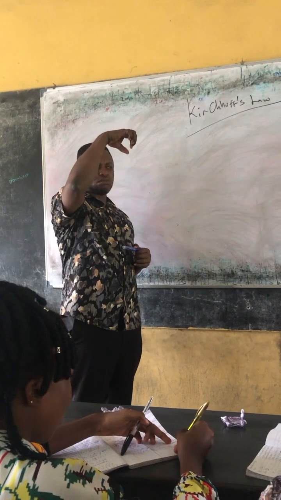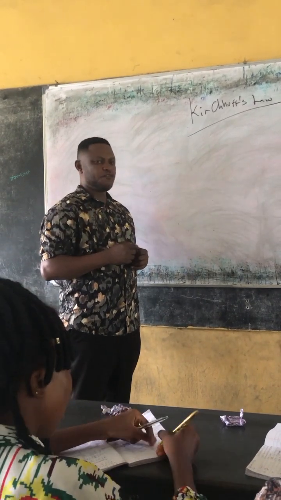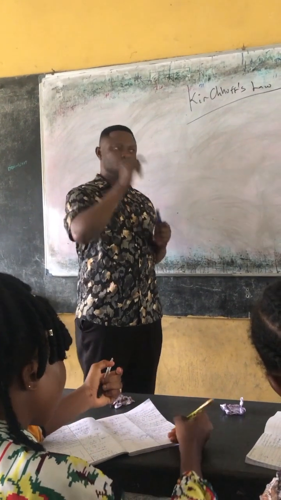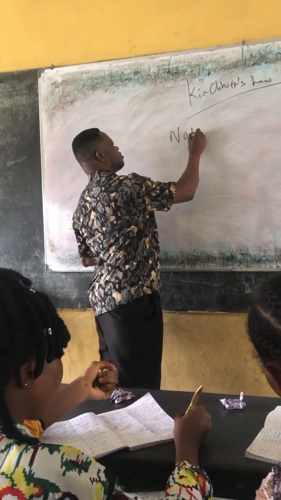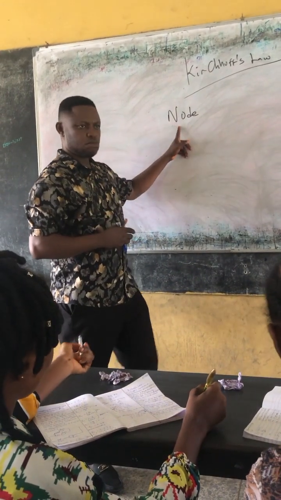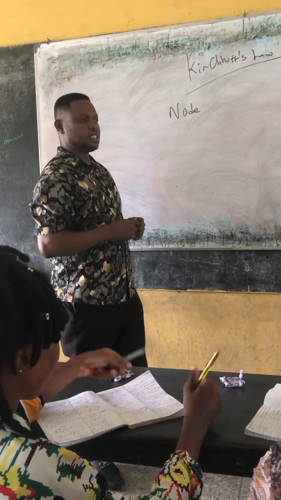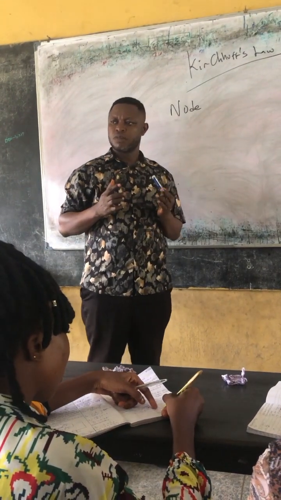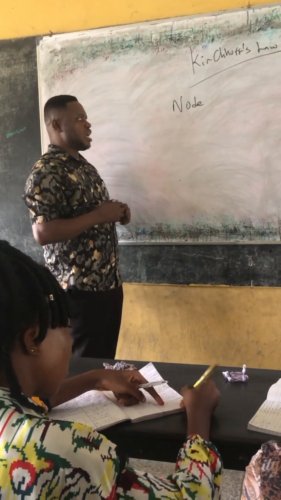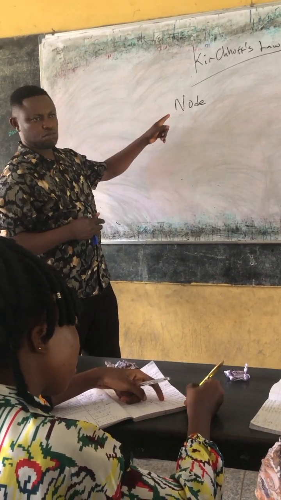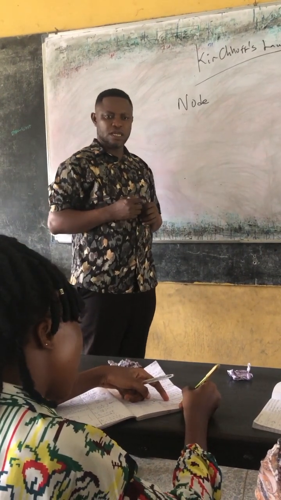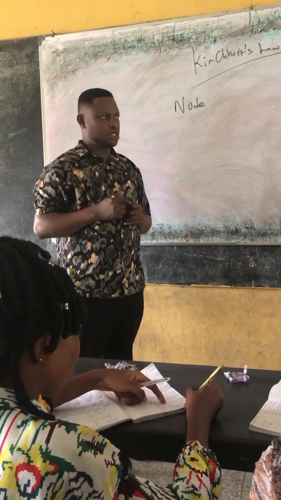The sum of current entering any junction or node must equal the sum of current leaving that junction.